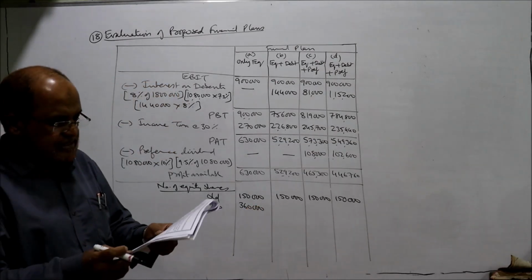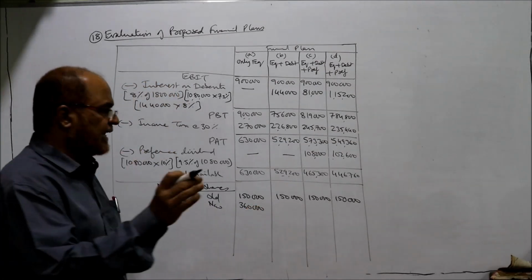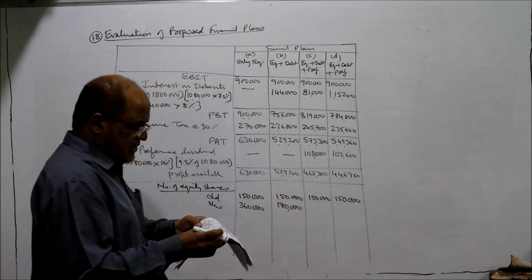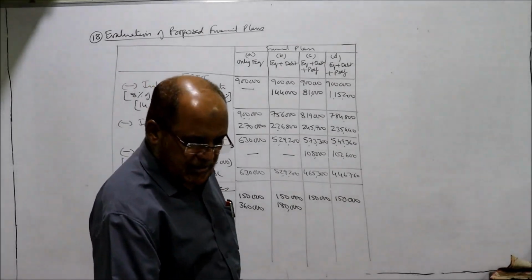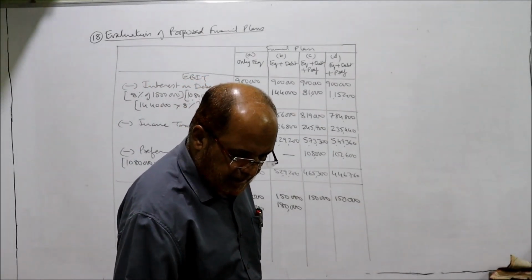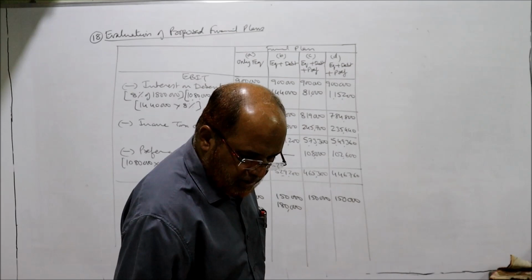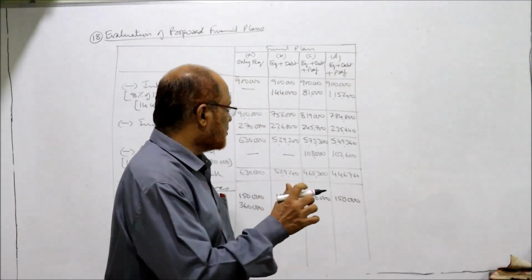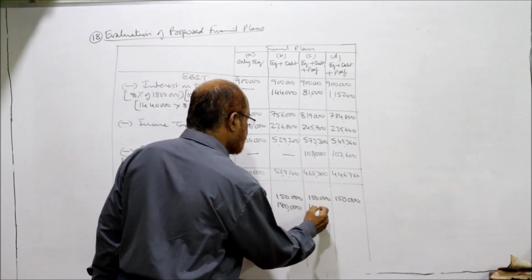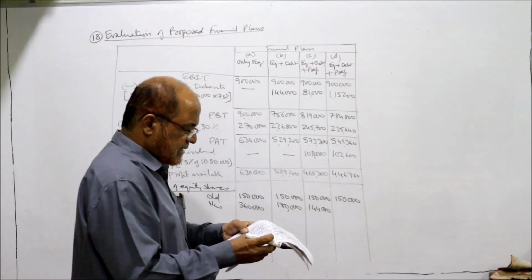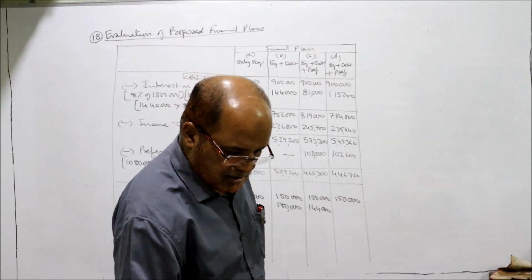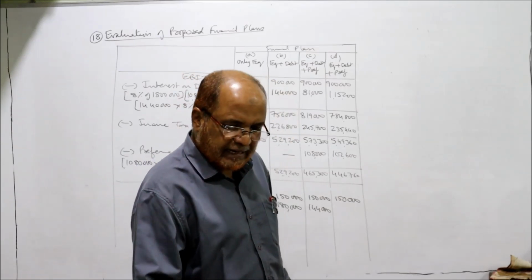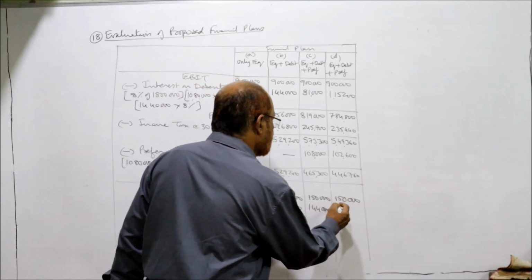Second case 50%, 18 lakh, 18 lakh का मतलब 1,80,000. Third case we have 40% equity, so 36 lakh का 40% comes to 14,40,000, 1,44,000. Last case is 30% equity. So 36 lakh into 30%, you will get 10,80,000, 1,08,000.